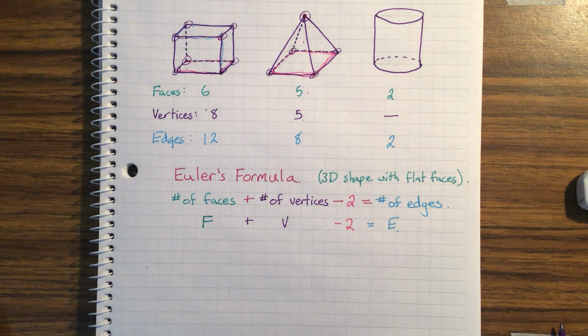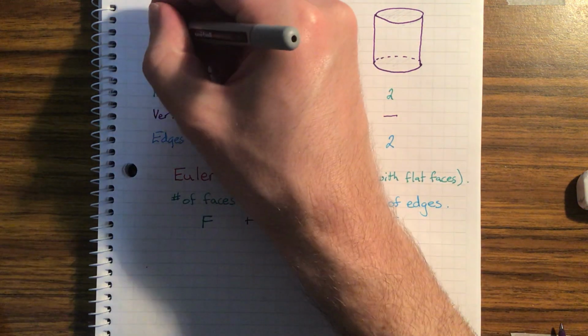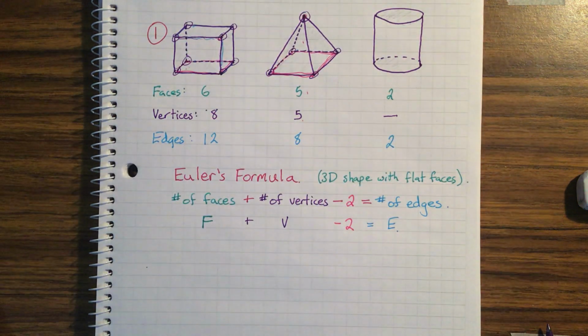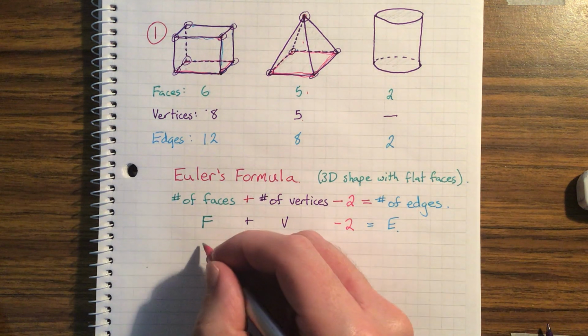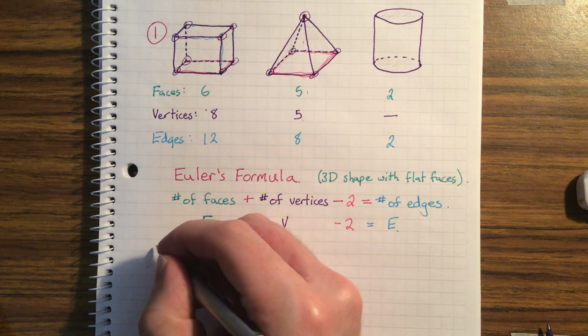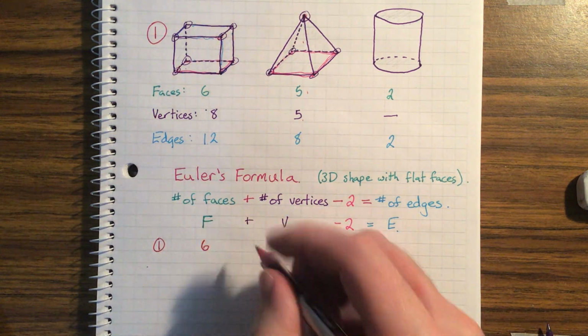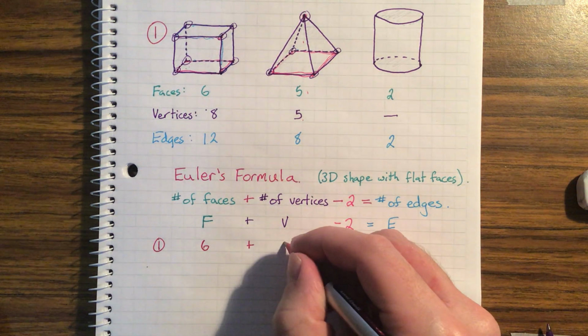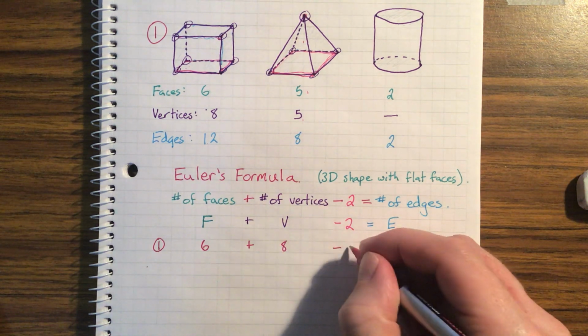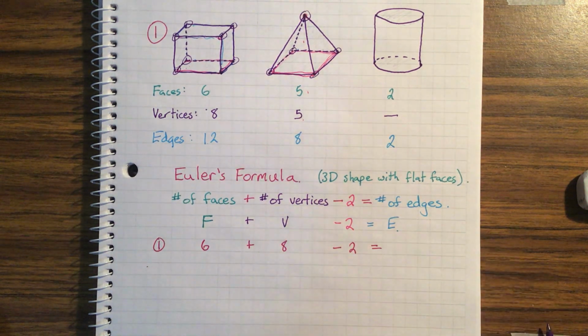So we're going to do shape number 1 right here. This rectangular prism. Faces, 6. Plus vertices, 8, minus 2. What does that equal?